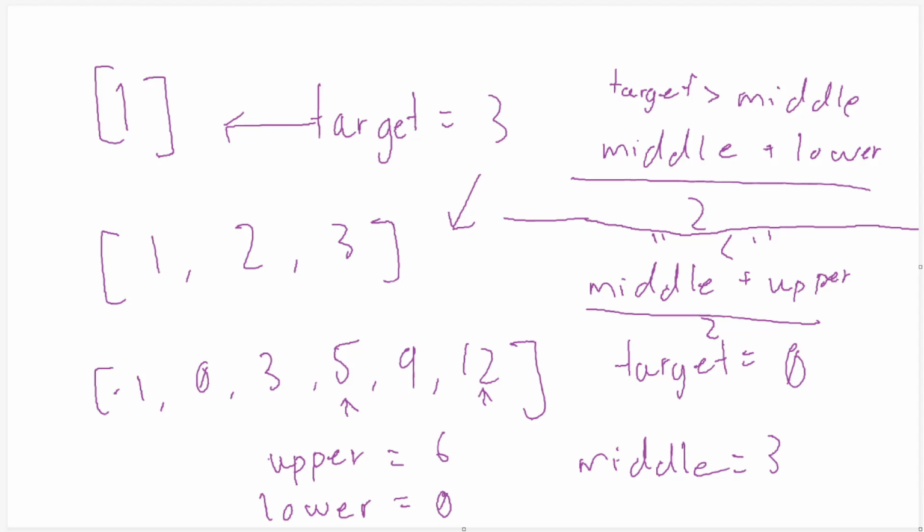Basically, if our target is greater than our middle value, so say our target is 12 and our current middle value is 5, then we're going to want to take the average of the middle and the upper value. And these will be updated each time, upper or lower, either one of them. And then middle will be moved accordingly.